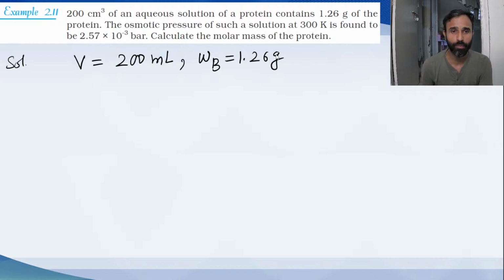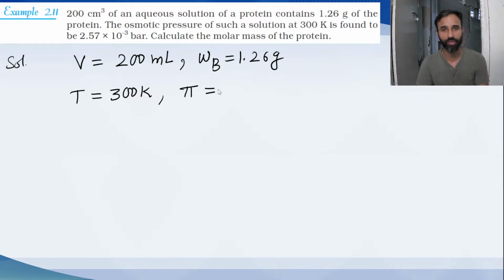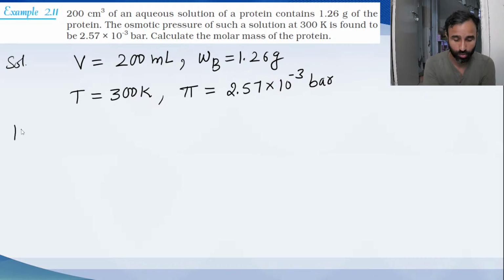The osmotic pressure of such a solution at 300 Kelvin. So capital T, temperature, is 300 Kelvin, and at that temperature, osmotic pressure, denoted by pi, is equal to 2.57 into 10 raised to power minus 3 bar. Now we have to calculate the molar mass of the protein. So here we use the relation for osmotic pressure.